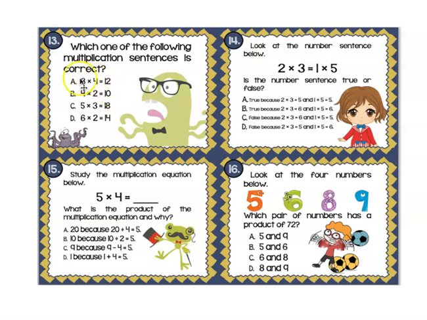But I've got to, so I think right now my answer is A, but I need to double check. 4 times 2, 4 plus 4, 2 4s is 8. That's not correct. 5 times 3, 5, 10, 15. That's 15, not 18. Or D, 6 times 2. Well, 6 twice or 6 2 times is 12, because I know my doubles facts. So my correct answer is A.